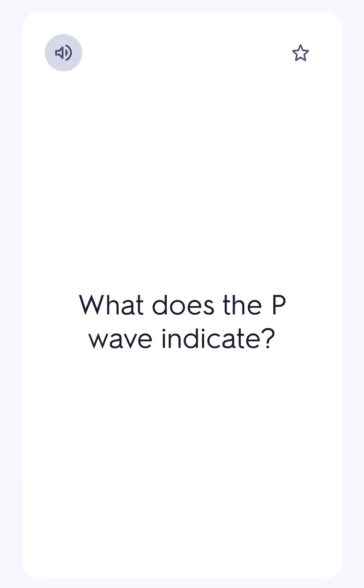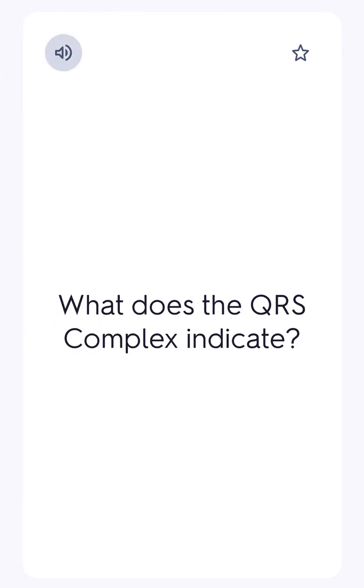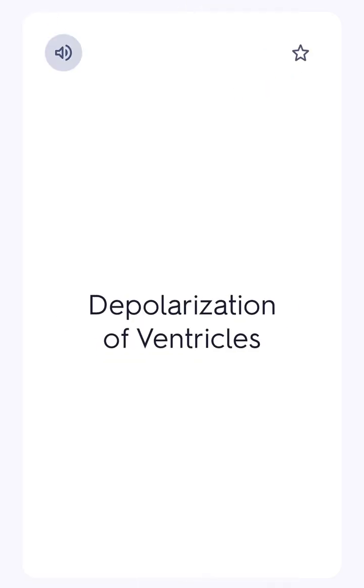What does the P wave indicate? Depolarization of atria. What does the QRS complex indicate? Depolarization of ventricles.